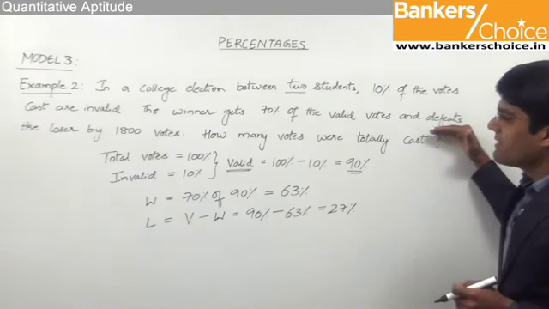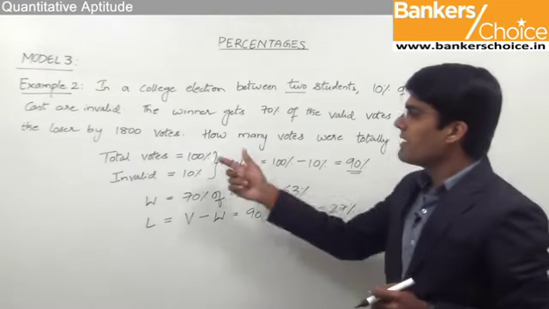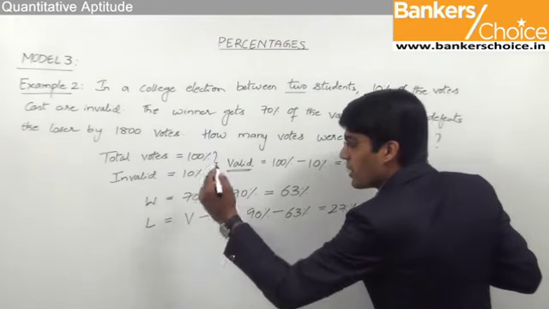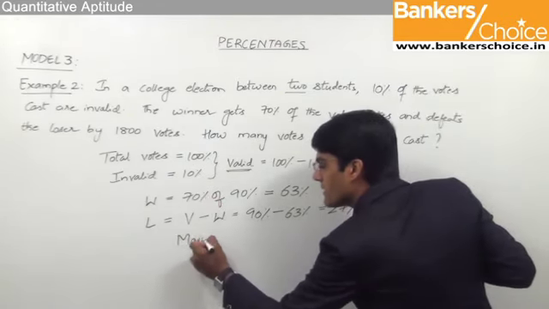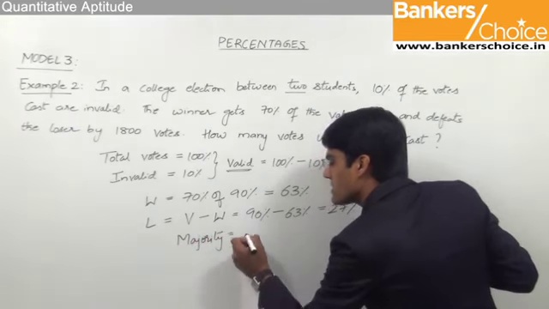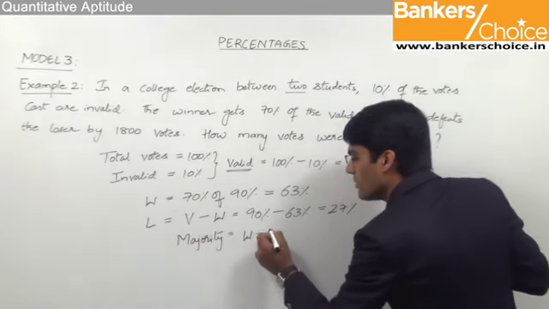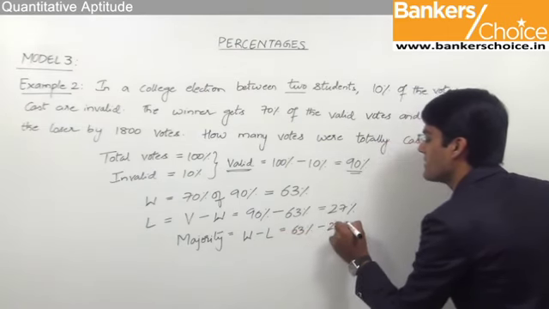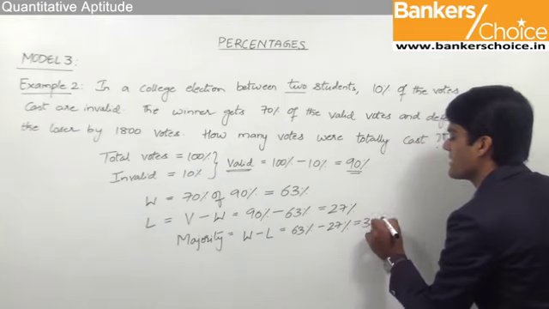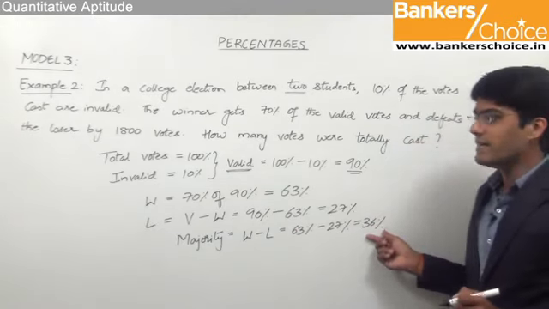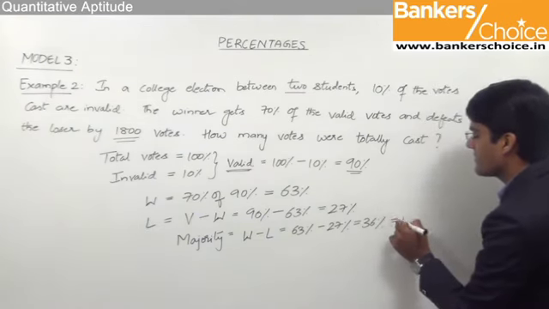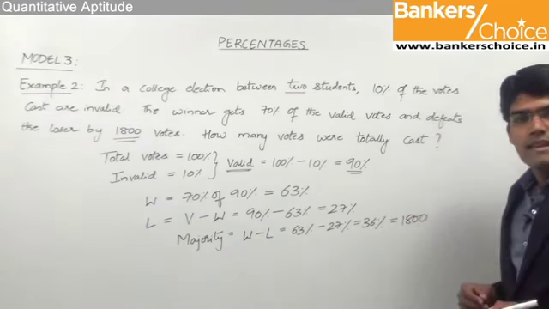The next part of the question is, the winner defeats the loser by 1800 votes. As discussed in the previous example, majority is nothing but the percentage of votes obtained by the winner minus those obtained by the loser. So 63% minus 27% is equal to 36%. And this 36% is equivalent to 1800 votes.